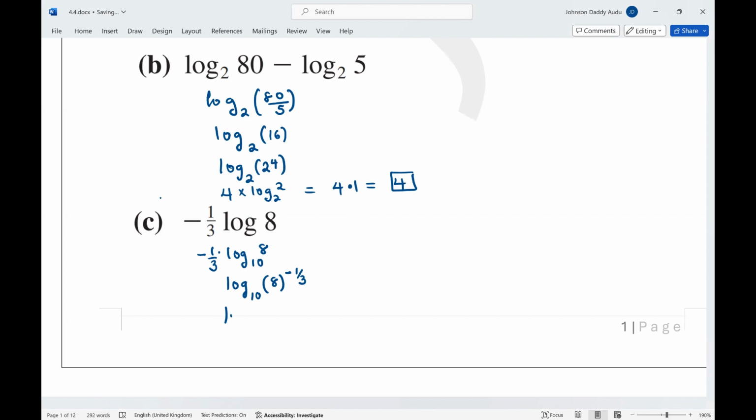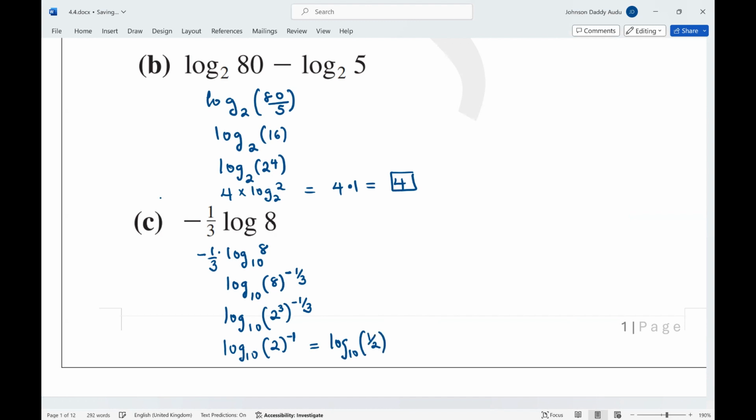And we can leave the other term as just log to base 10 of what? This is 2 to power 3 times this one. So this is log to base 10, and this will become 2 to the power minus 1. And we can just write it as log to base 10 of 1 over 2, right?